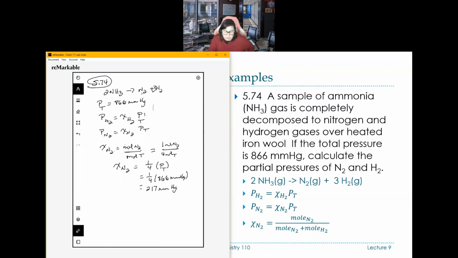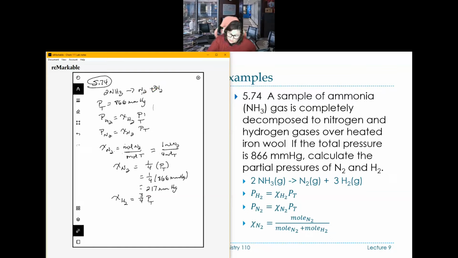Now, do I need to change my units? Nope, it didn't tell me to, so why should I? The pressure of H2 is equal to 3/4 of PT. And again, it's 3/4 because there's 3 moles of H2 and a total of 4 moles.